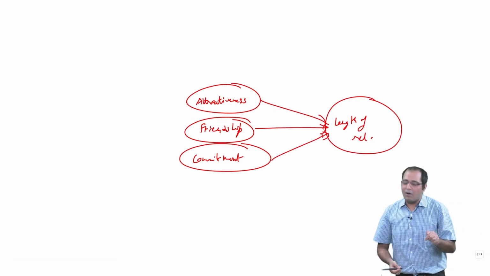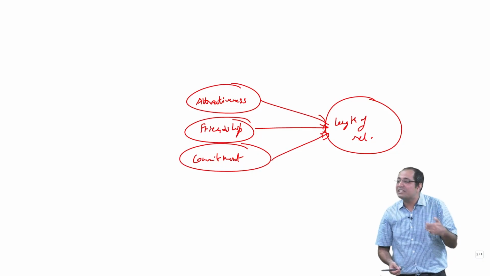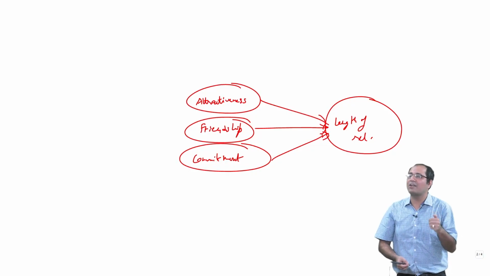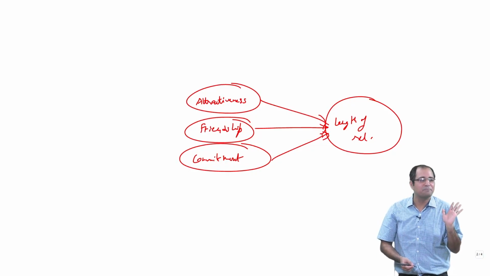Right. Now, in our case, let's say if the attractiveness is not there, friendship is not there, only commitment is there, that can also work, that can also sustain the married life, right?